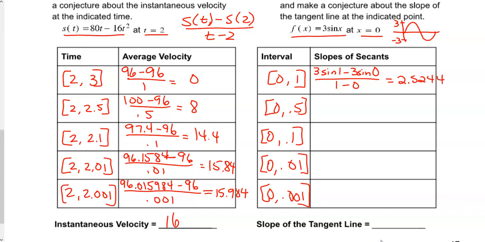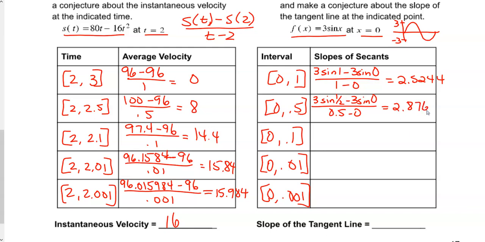If I plug in 0.5, I get 3 sine of 1/2 minus 3 sine of 0 all over 0.5 minus 0, which is still going to be 0.5. Then I end up with a slope of the secant line of those two x values as 2.87655.